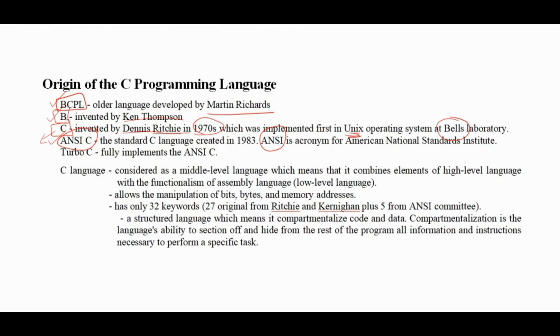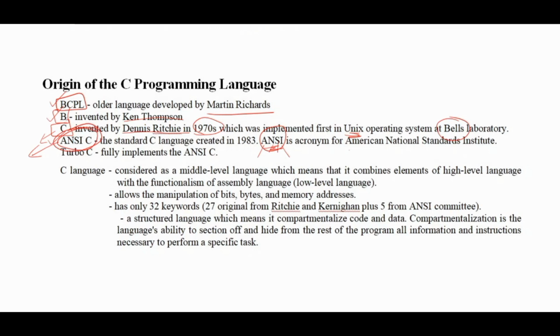The resulting standard they call ANSI C, because the committee that created it is ANSI, an acronym that stands for American National Standards Institute. And so they eliminated all the varieties and adhered to the standard ANSI C programming language.